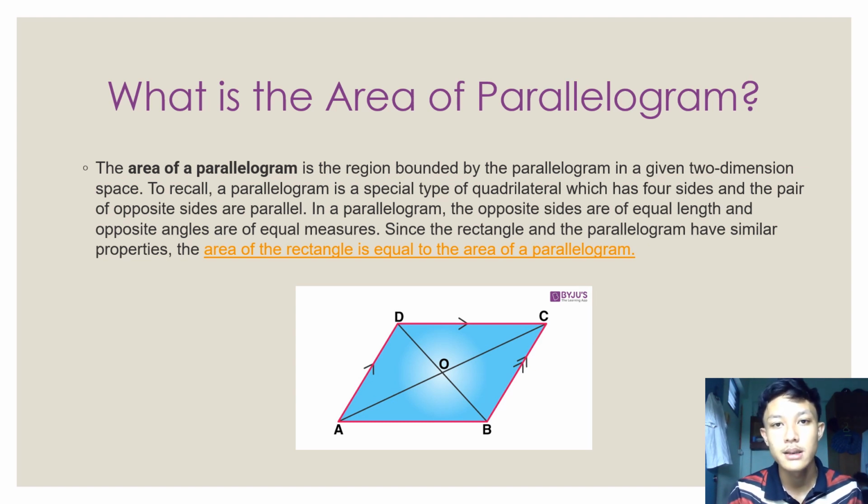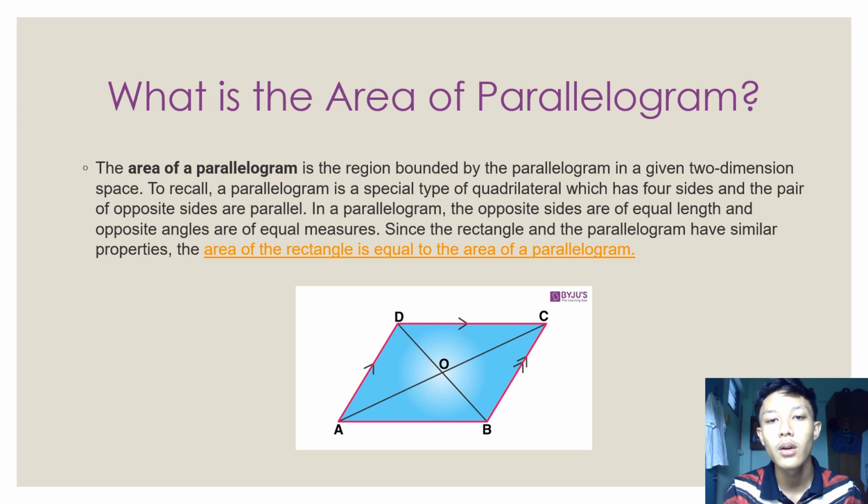Alright, next, what is the area of a parallelogram? The area of a parallelogram is the region bounded by the parallelogram in a given two-dimensional space. To recall, a parallelogram is a special type of quadrilateral which has four sides and the pairs of opposite sides are parallel.